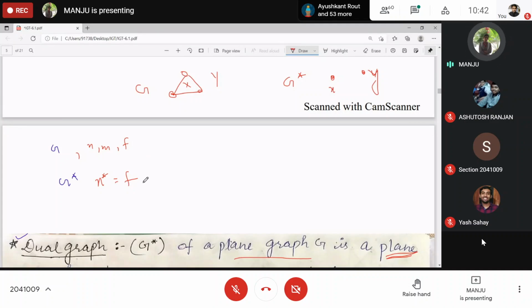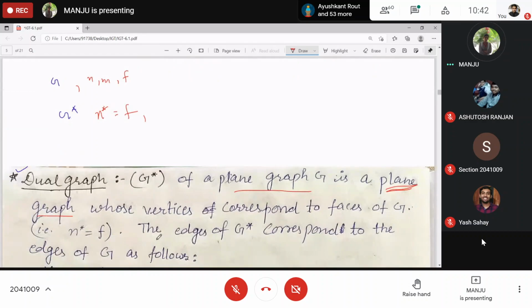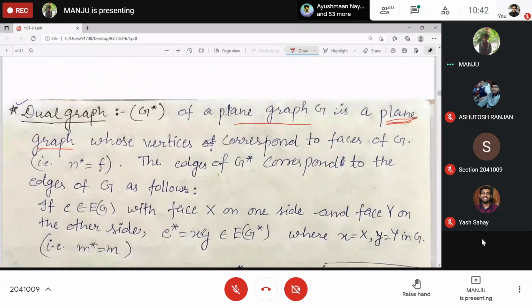The edge set is defined as follows: whenever e is an edge in G that has face X on one side and face Y on the other side, in the dual, these faces are becoming vertices, and whenever this happens there is an edge, meaning they are adjacent.